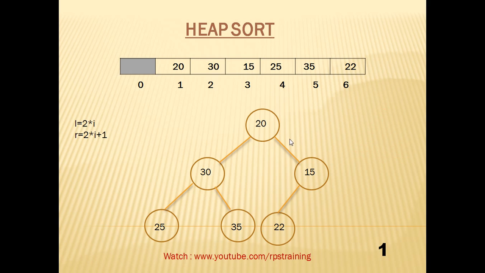Now we will create a max heap of this tree, and to create the max heap we take the last subtree. It is a complete binary tree, and to create the max heap you have to start from here.